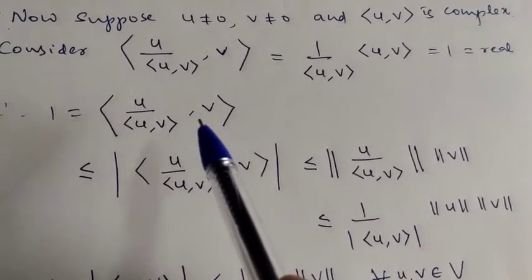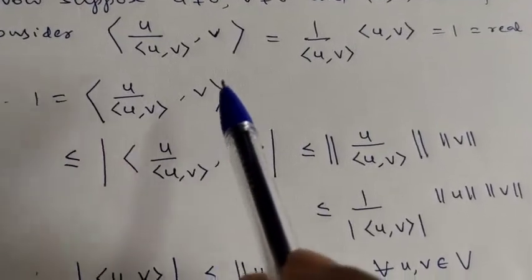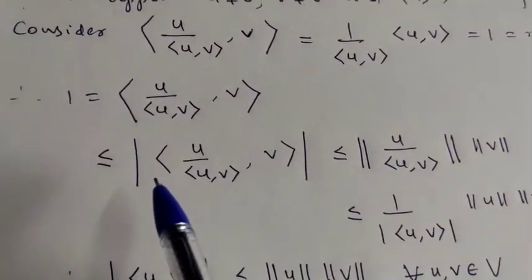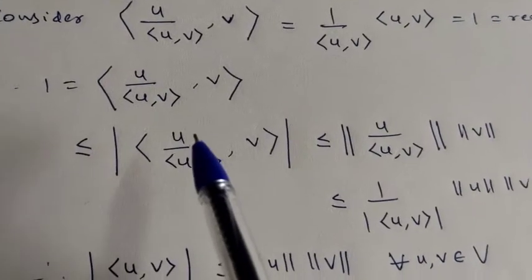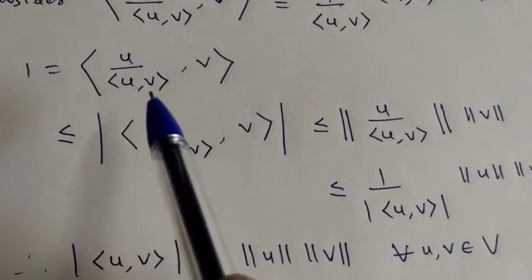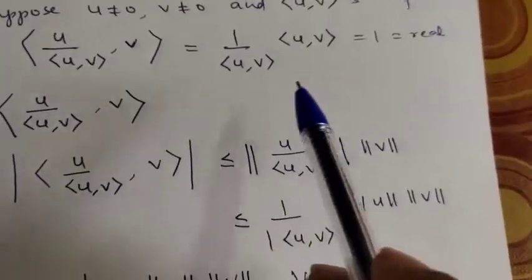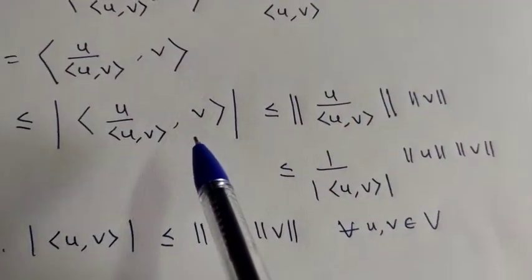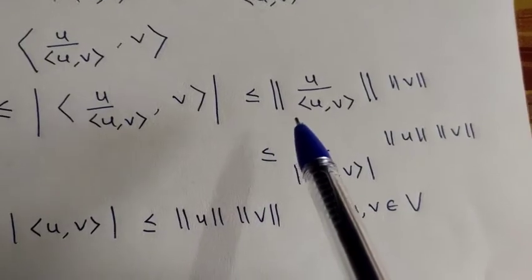Therefore this becomes 1 is equal to the inner product of u by inner product of u comma v, that is 1. Which is less than or equal to, because as I said, mod z is always greater than or equal to z, so apply mod of this above term. Since this is a real number, I can apply the above case 1 which is real. So this is less than or equal to what?